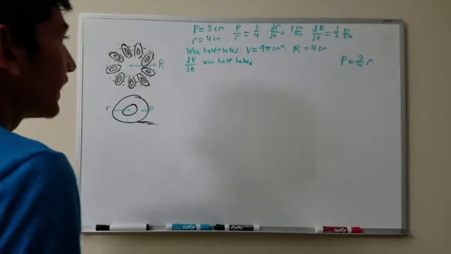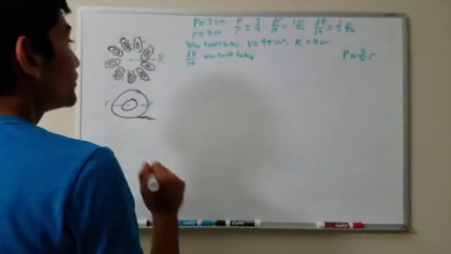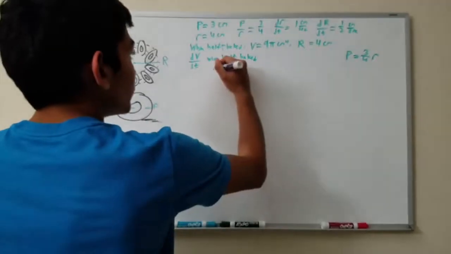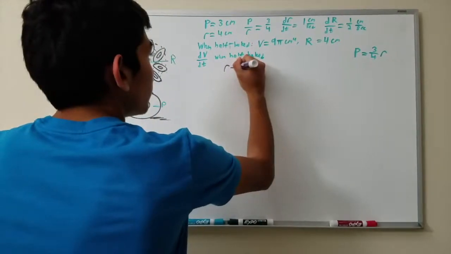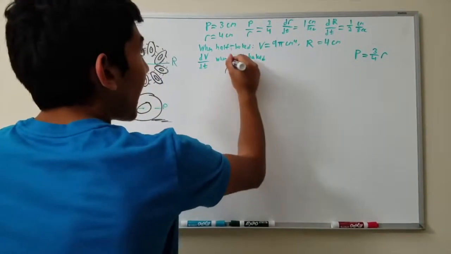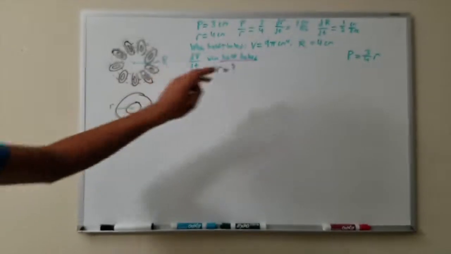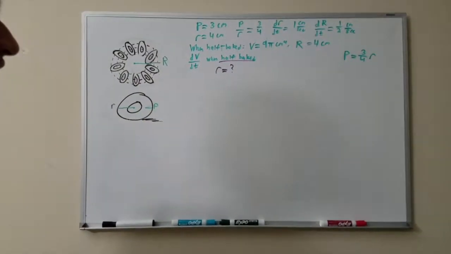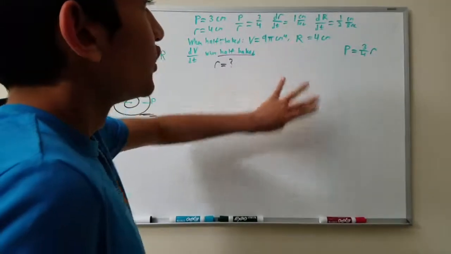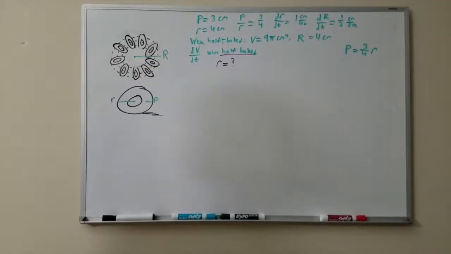Okay, so now we want to find out what the major radius of the base donut's value will be, which is r, when it is half-baked. Because that is the instant that we are solving for. And using these values, we can figure out what that is.